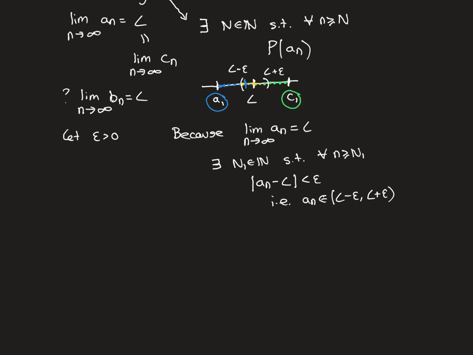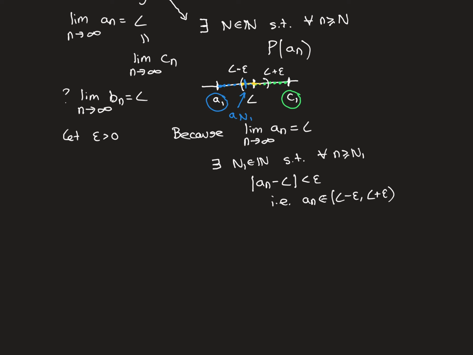We have a point here. This is a big N1, which is inside that epsilon interval, and then all the terms beyond it, all the a little n, where little n is now bigger than or equal to big N1, also are inside that interval.